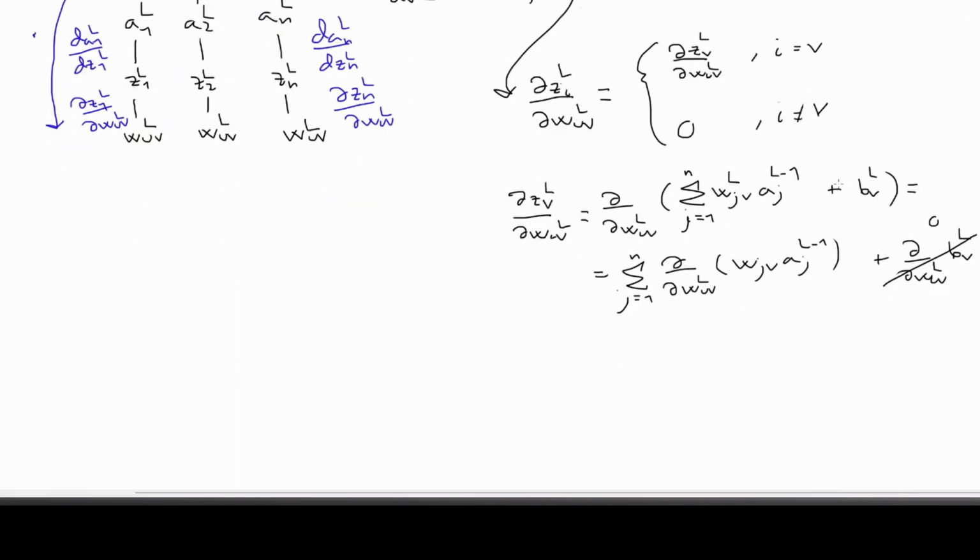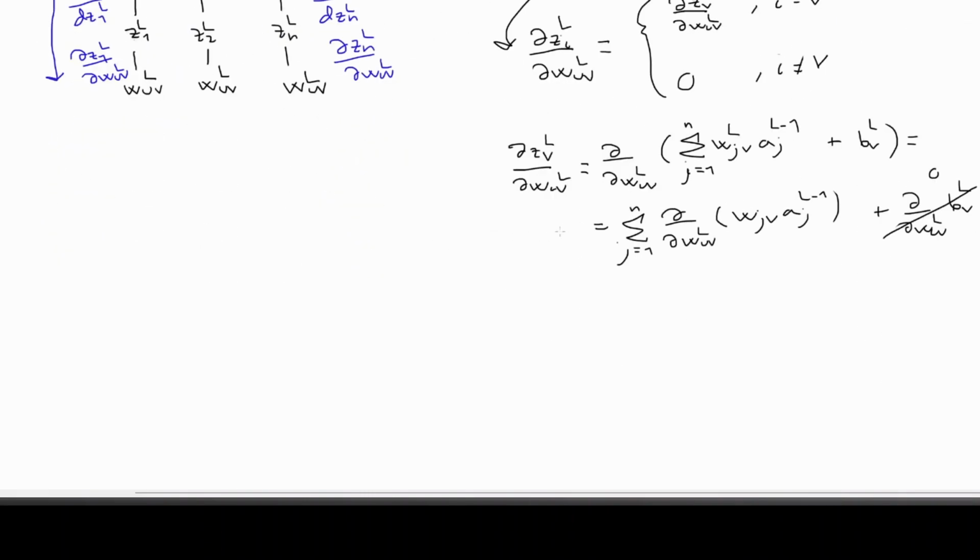So we can go back to our expression and see that we get the sum from j equals 1 to n of our activation, which we can take outside of the differentiation because w_uv^L doesn't affect the activation.